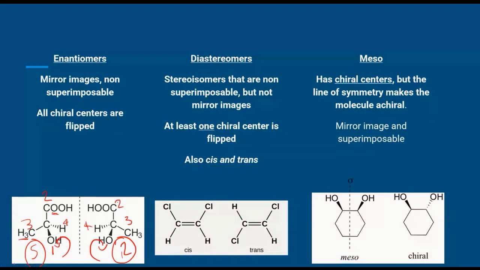With a diastereomer, these are stereoisomers that are non-superimposable, but not mirror images. So this means at least one chiral center is flipped. So if I do, for example, a Fisher projection, so I say OH, I'll say Br. The diastereomer would look something like this.